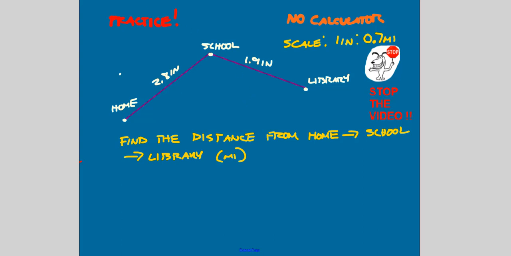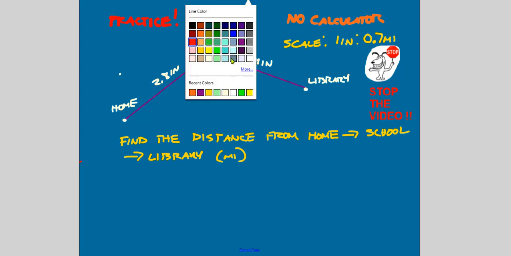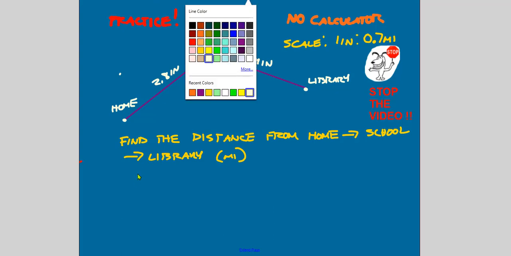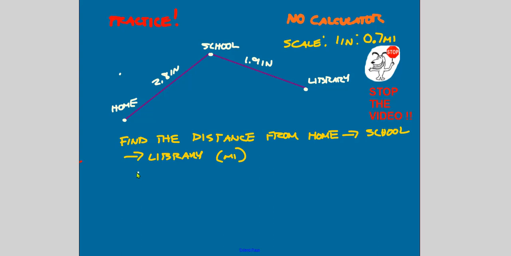Okay, so what we've got here is home to school is 2.8 inches, and then from school to library is 1.9 inches. So that's a total, that's 17, carry a 1, 4.7 inches.